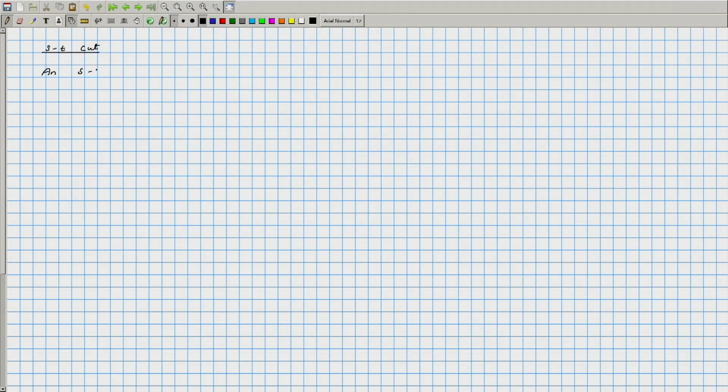An ST cut in a graph G is a partition of the vertices into two groups or two parts, such that one part contains S and the other contains T. Okay.